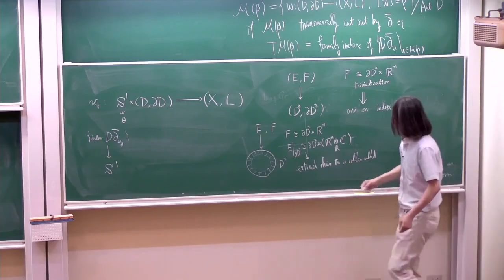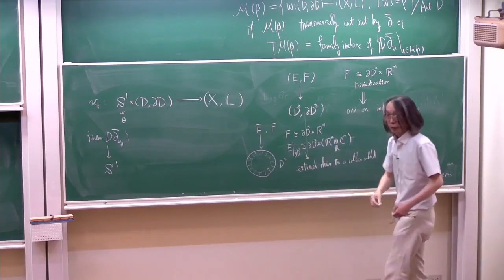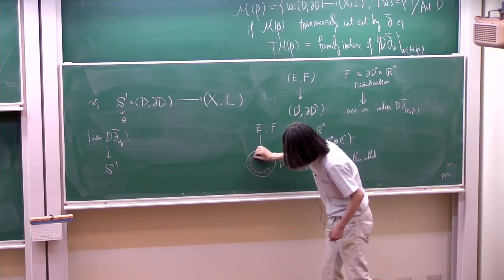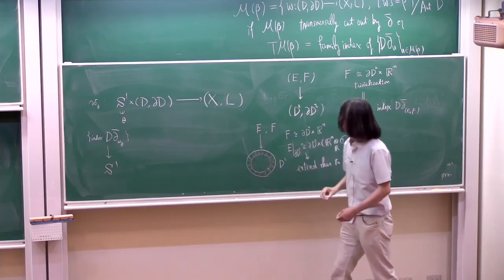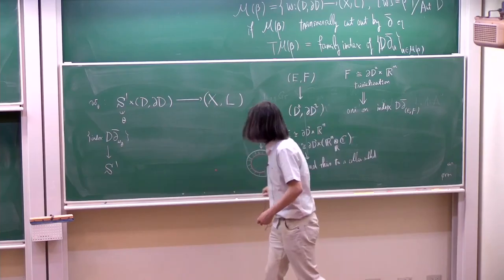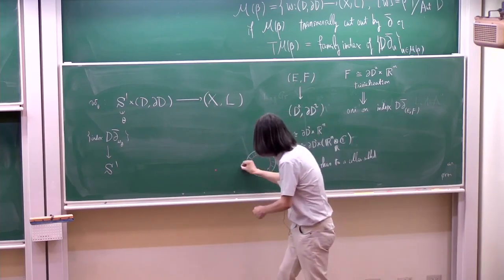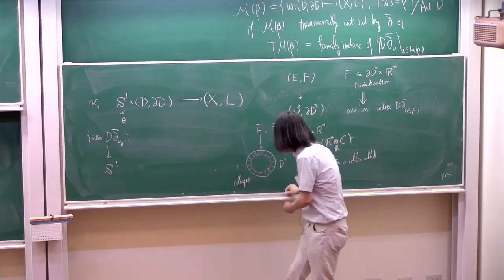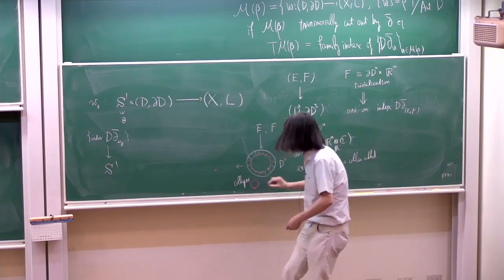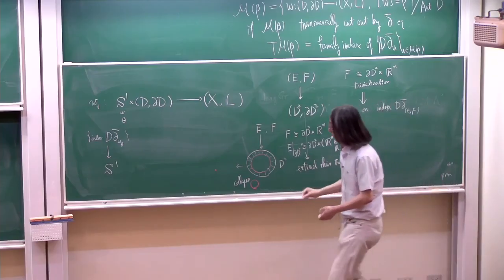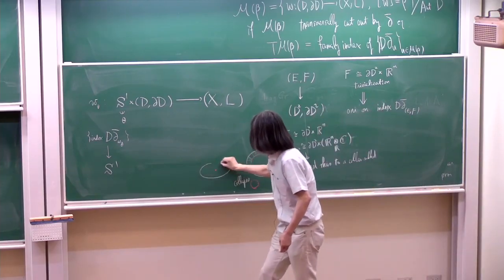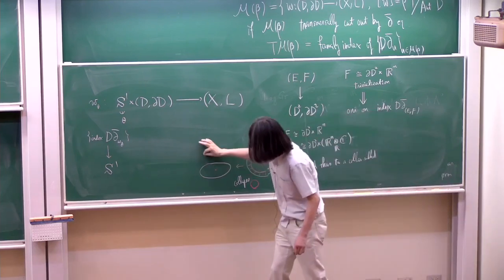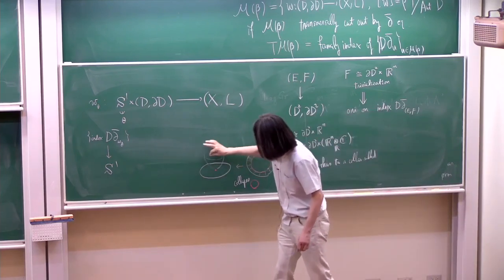So now I have a trivialization near the boundary, and then I collapse this circle to a point. What we get is a disk, and then I have a sphere like this.